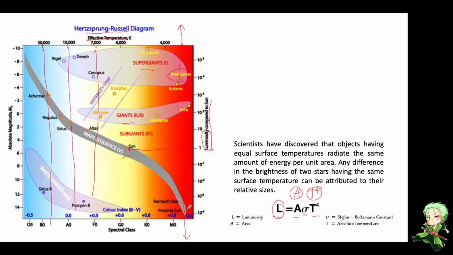So as you can see, ang luminosity ni Proxima Centauri is 10 to the negative 4 with respect to the sun, no? So dimmer siya kumpara sa sun. Ang imong Betelgeuse is 10 to the 4 ang iyang luminosity, 10 to the positive 4 compared to the sun.